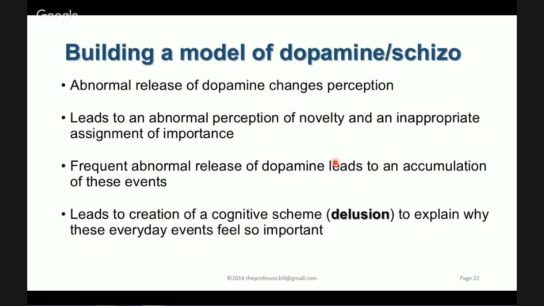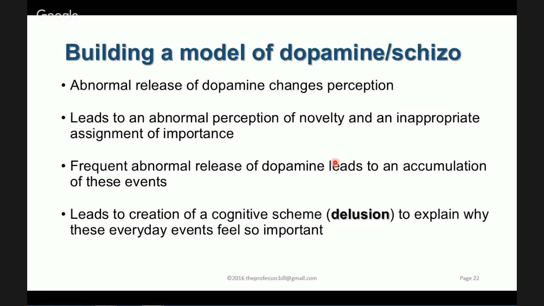And so this abnormal release of dopamine has been thought, because I just went through what dopamine normally does in your brain, this abnormally high release of dopamine in an unregulated brain, either through amphetamines or through schizophrenia for whatever reasons, the mechanism not clear yet, may change perception over time, because this leads to dopamine giving a unique or novel association with whatever you were looking at or paying attention to at that particular moment. And then if you keep having more of this dopamine release, it accumulates all of these abnormal events.